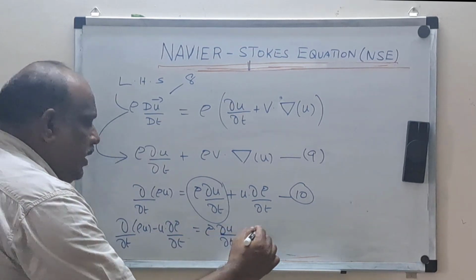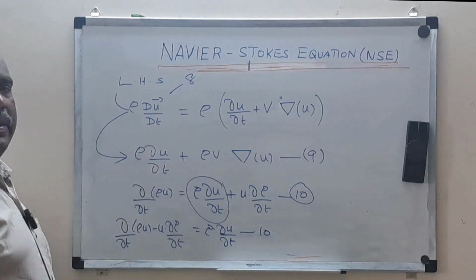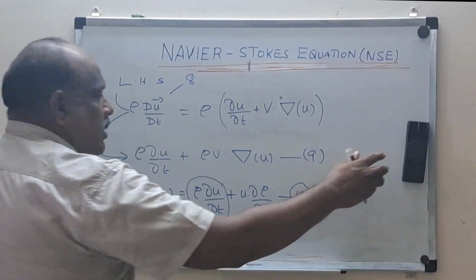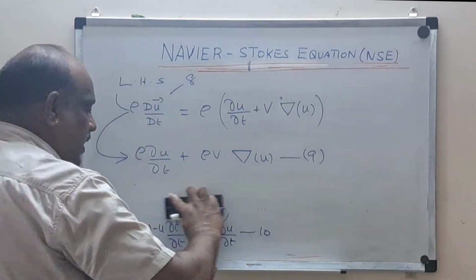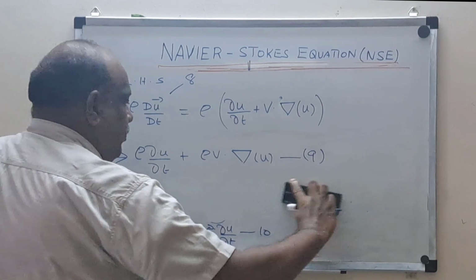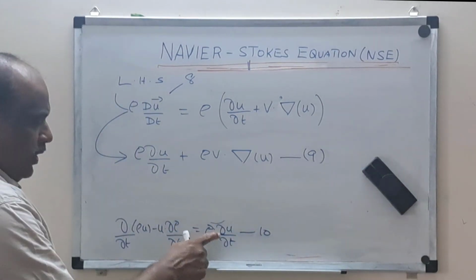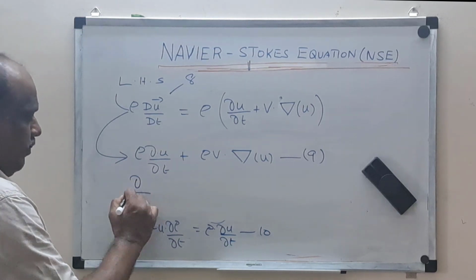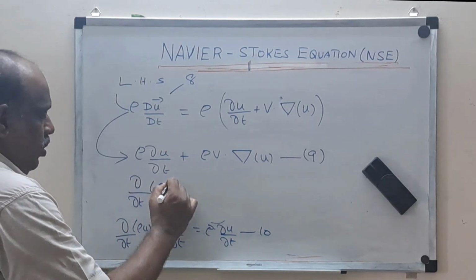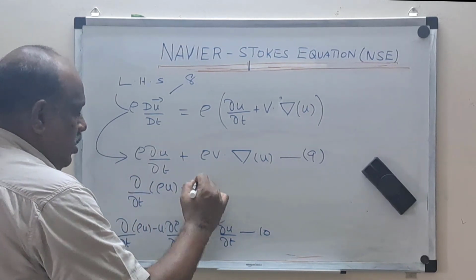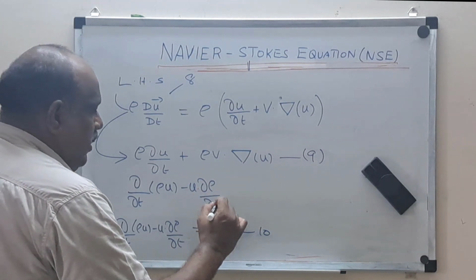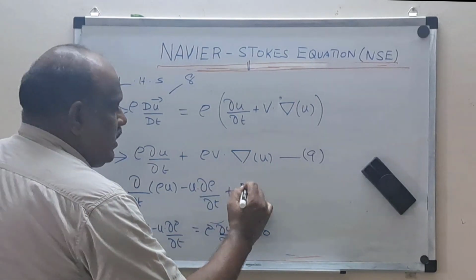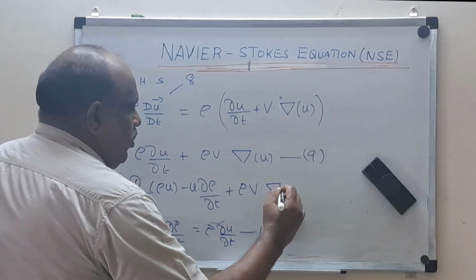So now you substitute this value in equation number 10. I will be substituting right now because of space constraint. So now rho into dou u by dou t can be replaced with this term. So it is dou by dou t of rho u minus u into dou rho by dou t plus this term, which is nothing but rho v into del of u.